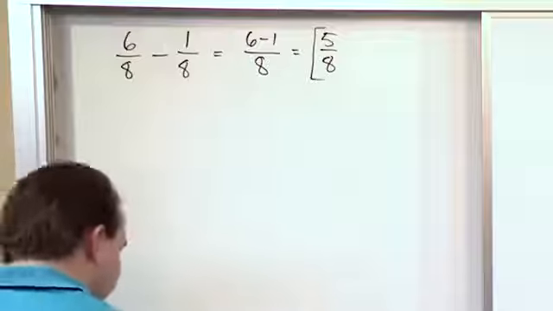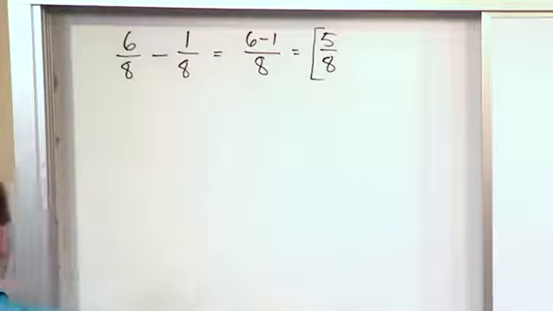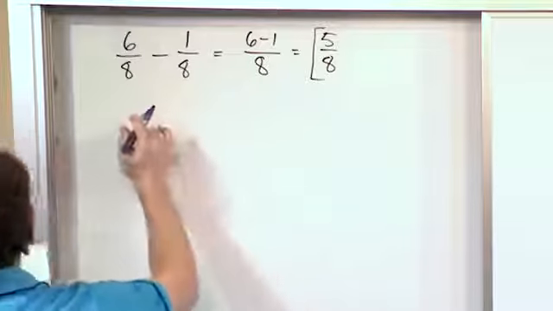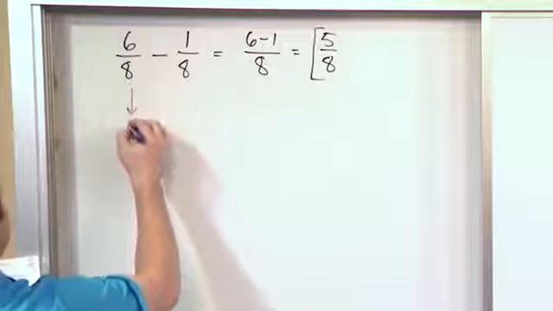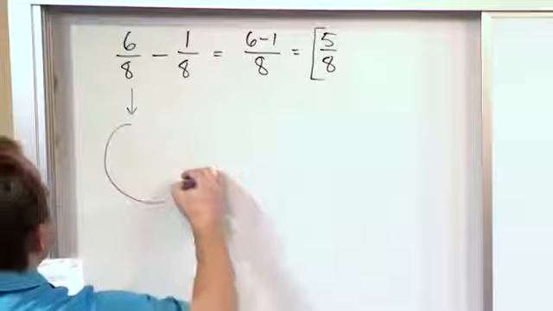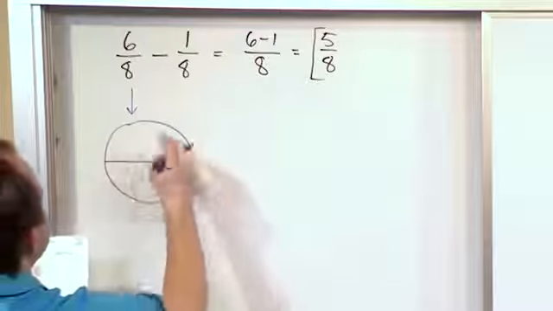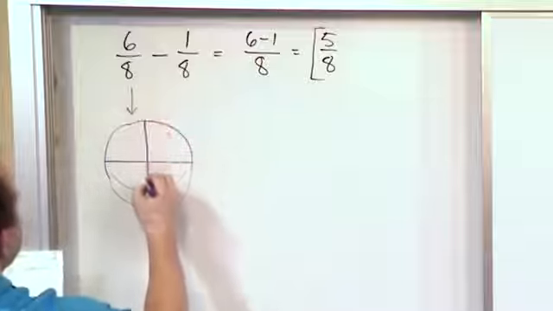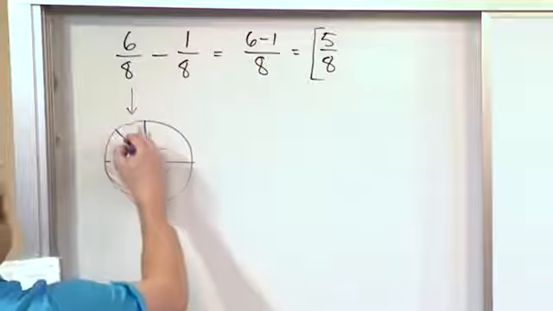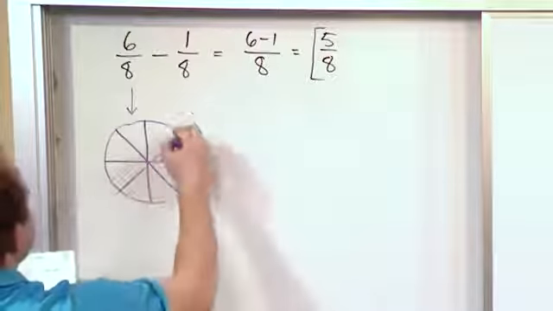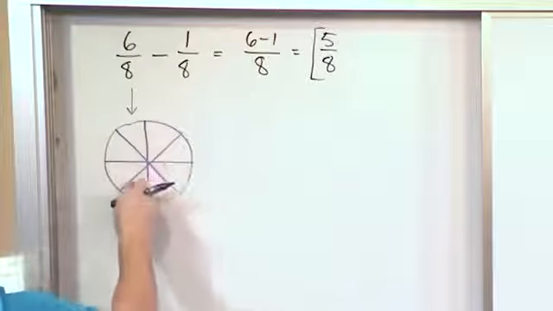Now, if we were going to spend a few minutes here in the beginning just drawing a quick picture, let's see what this fraction subtraction looks like in terms of a picture. If I had a pizza or a pie, and I were to cut it into 8 pieces, because that's what my denominator says I'm doing, then I cut it into fourths like that, and then I do a big X through the center, and now I have 1, 2, 3, 4, 5, 6, 7, 8.